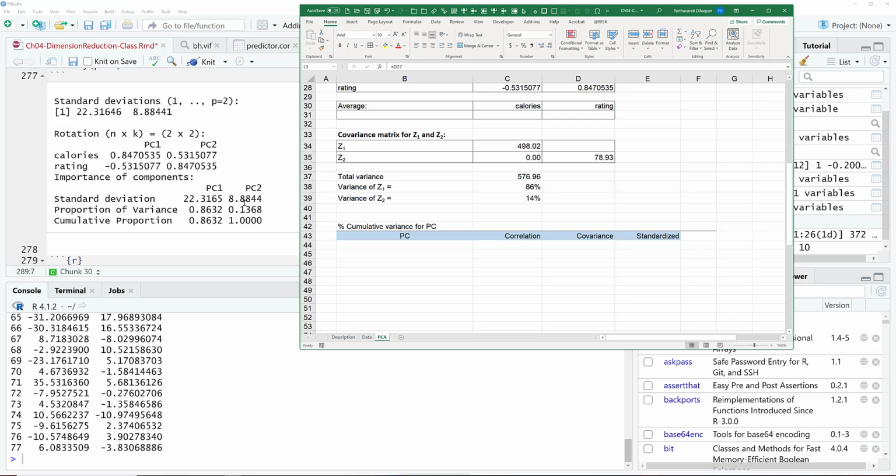And the second principal component, Z sub 2, accounts for 14%. So these are rounded. And then the last line is the cumulative proportion of the variance accounted for by the different principal components.